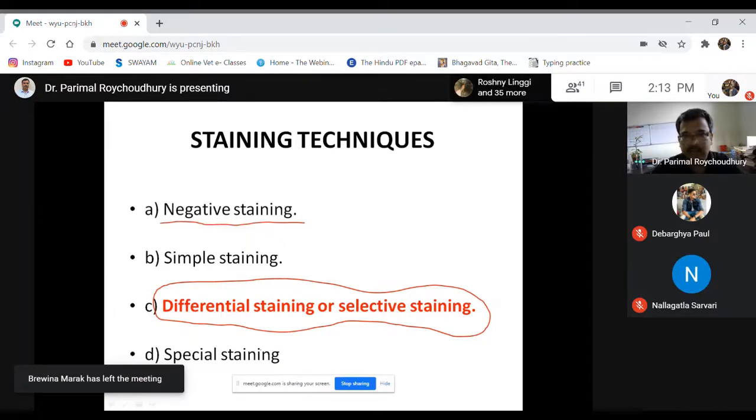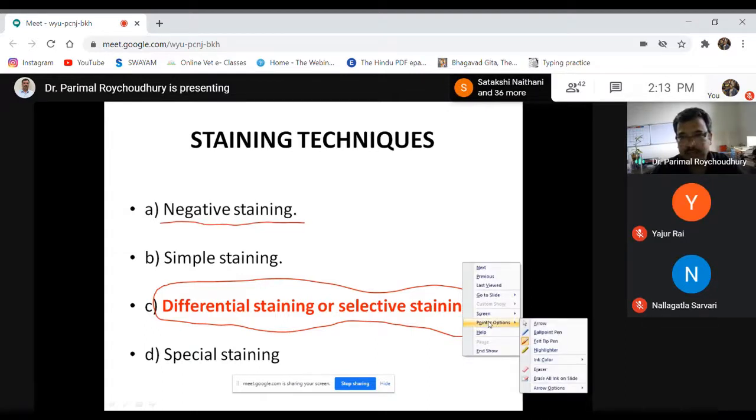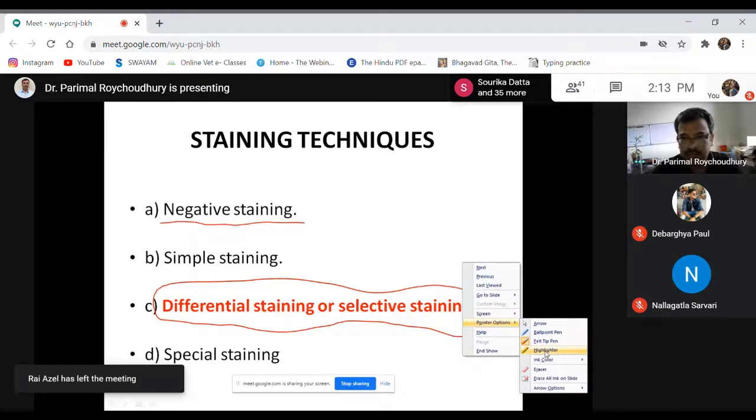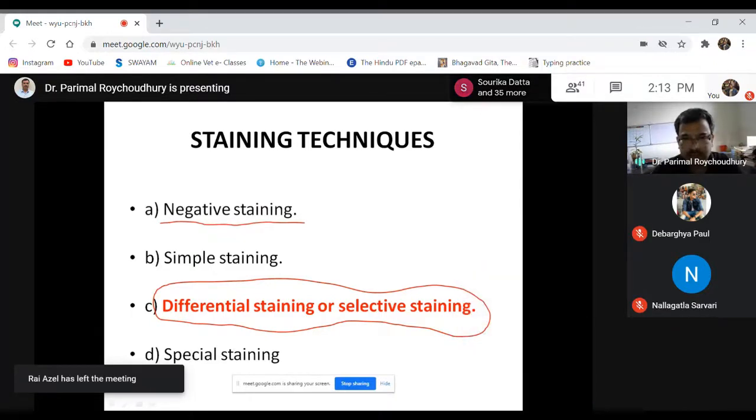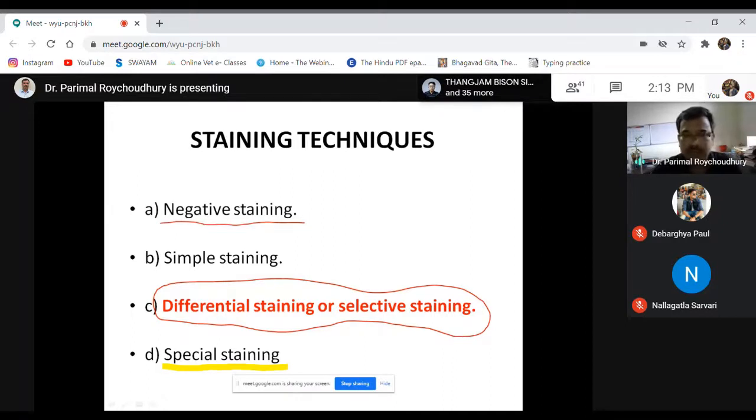Then the last category of staining techniques included in your syllabus is special staining. This special staining is basically meant for demonstration of certain special structures of the bacteria. More particularly, there are certain bacteria which can transform into the most resistant form, what we call the endospore.